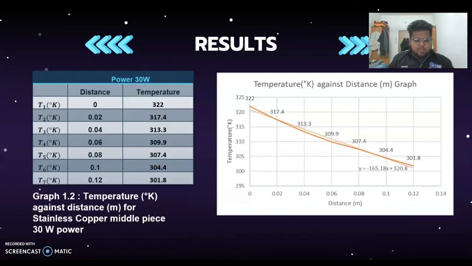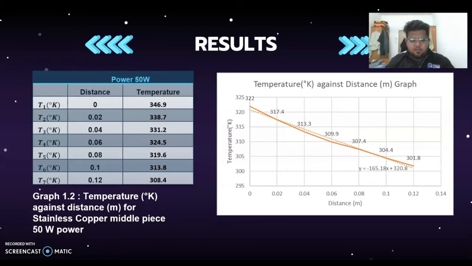Well, for the results, let us look at the temperature against distance for stainless copper middle piece at 30 watts of power. We have done a graph at the side, and also a table, and also a graph which indicates the temperature and distance, for which we have also calculated the gradient.